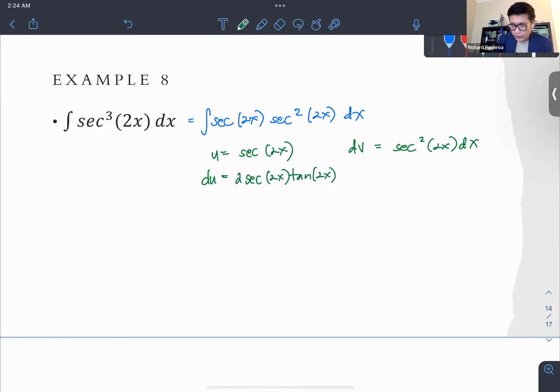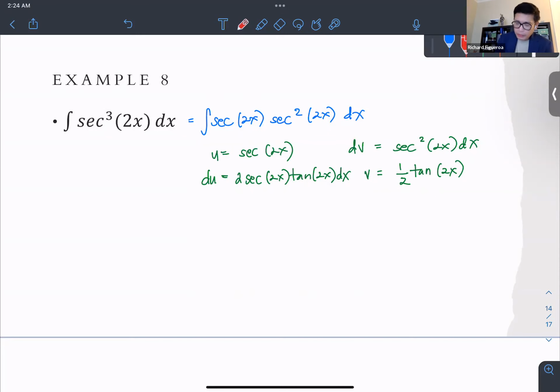So I'll just write the 2 here, and then I'll have the x there. For the secant squared 2x, secant squared has a direct integral, which is tangent, right? So it's tangent 2x. But then we have 2x there, so we need a neutralizing factor of 1/2. So we have v then to be equivalent to 1/2 tangent 2x.